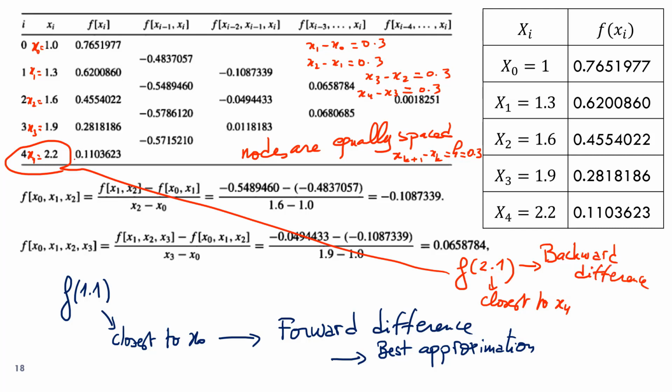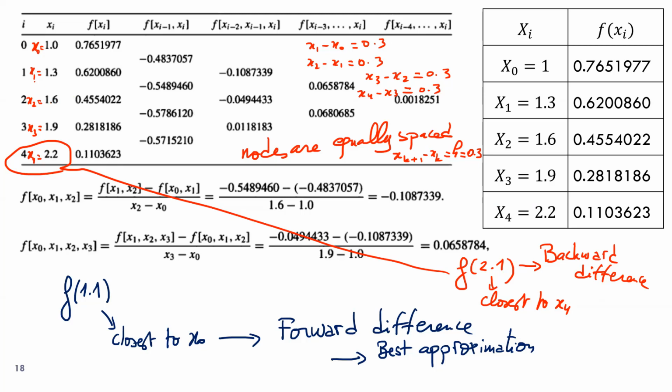We concentrate our effort here, close to x4. If I have some points here, 1.5, I will use what we call a centered difference, close to x2. Okay, this is the idea, to optimize the quality of our approximation.